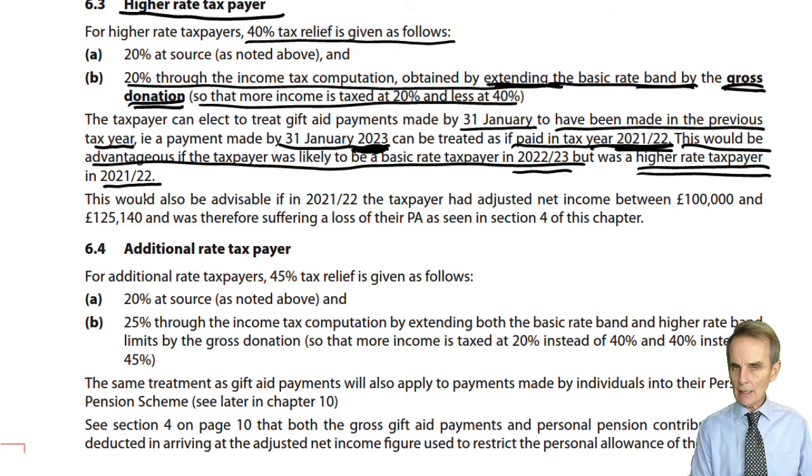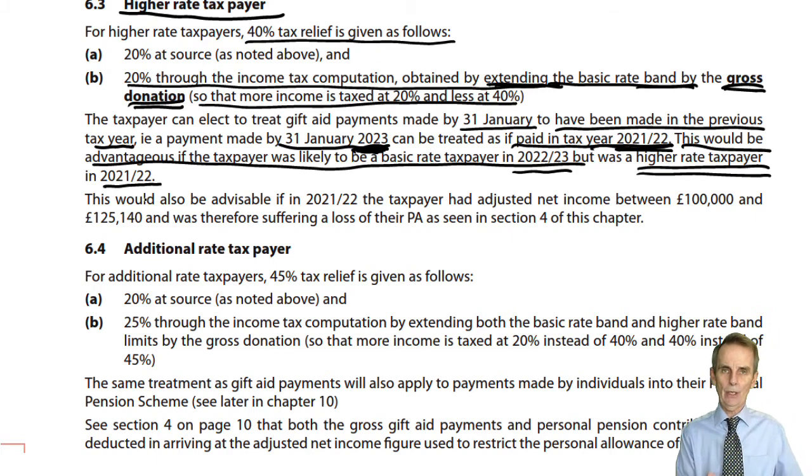What that would mean is that if you wanted your favourite charity to benefit by £100, the net cost to you as a higher rate taxpayer, given that you get the higher rate tax relief, would be £40. As a basic rate taxpayer, your net cost would still be £80. So better to get higher rate tax relief.